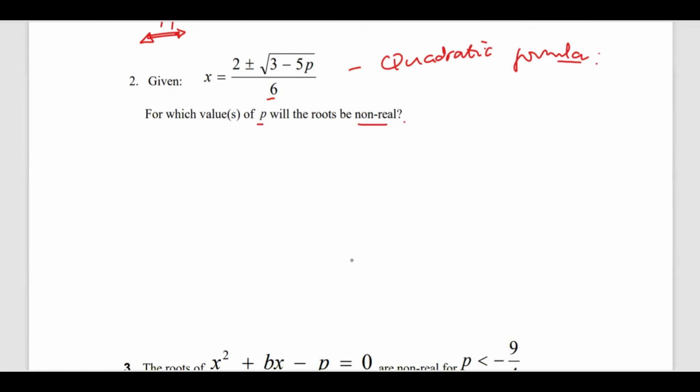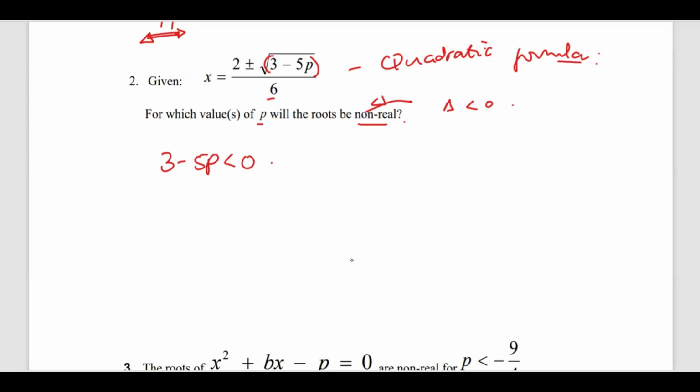For roots to be non-real, remember the discriminant must be less than 0. From this equation, 3 minus 5p is our discriminant, because whatever is under the root sign becomes the discriminant. So 3 minus 5p is less than 0.